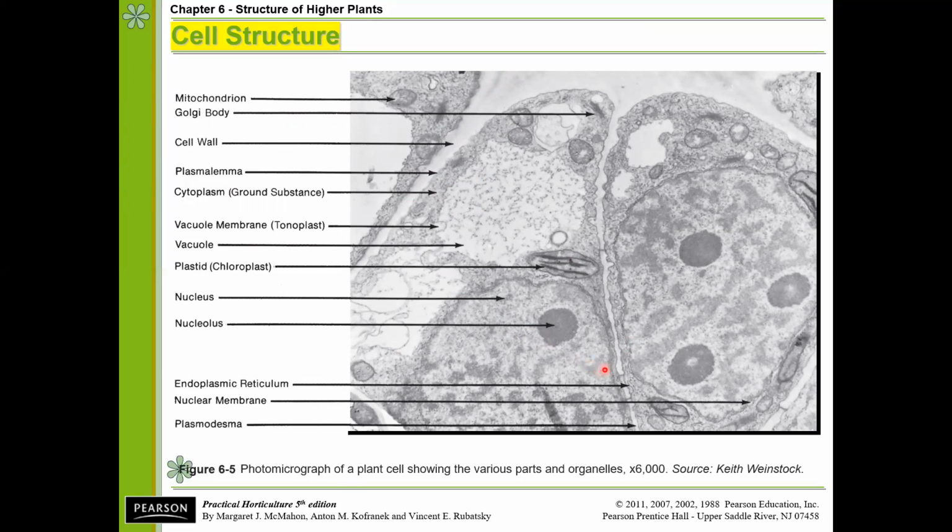The few things I just want to point out here in this cell is we have a nucleus in the cells themselves, and we think of that as the brain of the cell. That's where most of the DNA is stored, and that's one of the more important parts of the cell, although I guess all of them are equally important. We'll talk more about these later on, but just to get a look at the cell structure itself.